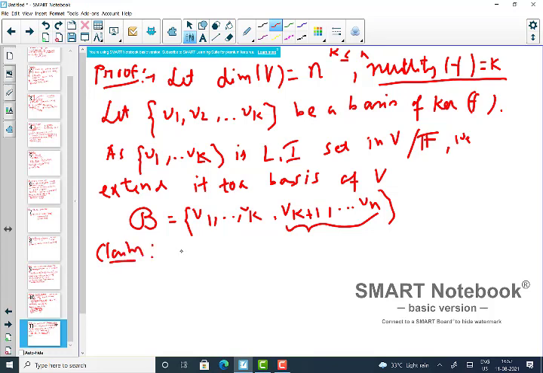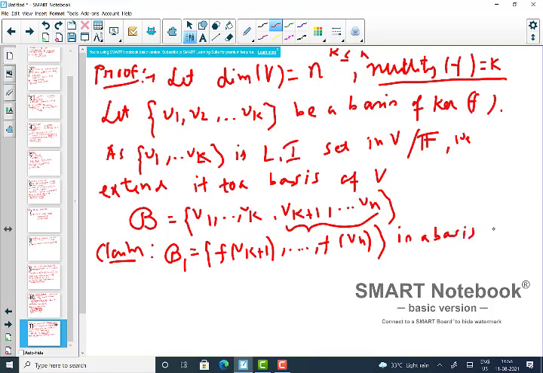Let us call this B1. It is the image of these under the map: f of vk plus 1, up to f of vn, is a basis of the range of f. This is our claim.